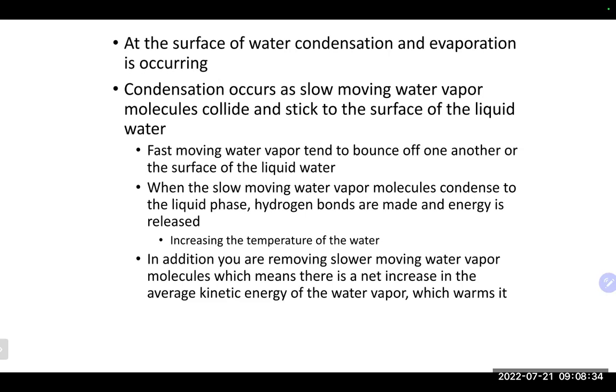Until you're done with your shower, you shut it off, and you open the door, decreasing the rate of condensation a lot. You've now increased the rate of evaporation, which is why you feel cold afterwards, when you have the water on your body. So condensation is a warming process, and again, evaporation is a cooling process.